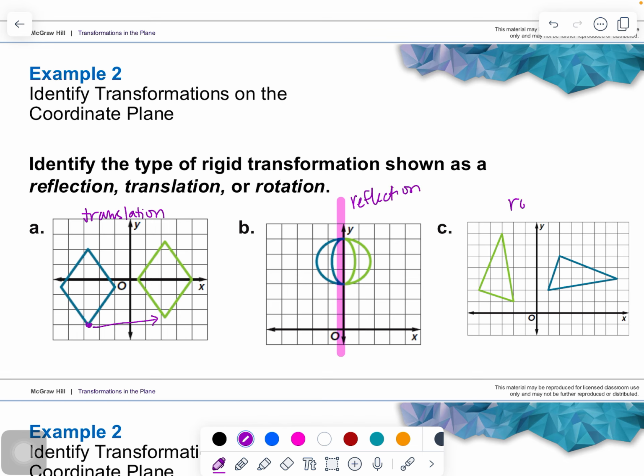C is definitely rotation. If you go from here to here, and from here to here, it definitely rotated around 90 degrees. All of the points did.